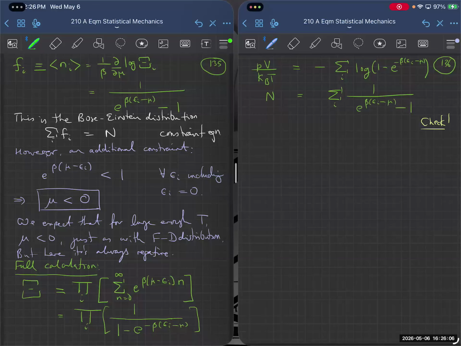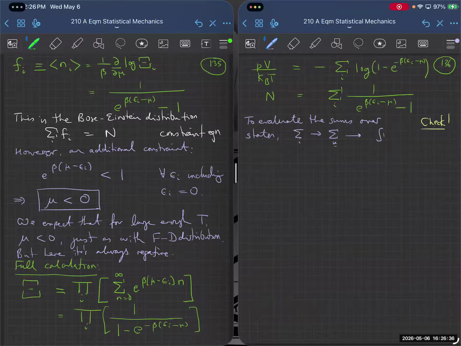The next thing that we might do is, to evaluate these sums, we're going to turn the sum over I into a sum over k, and then turn that sum over k into an integral over k, and then turn that integral into an integral over energy.